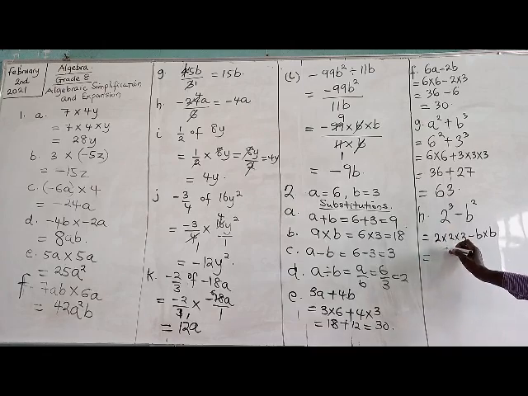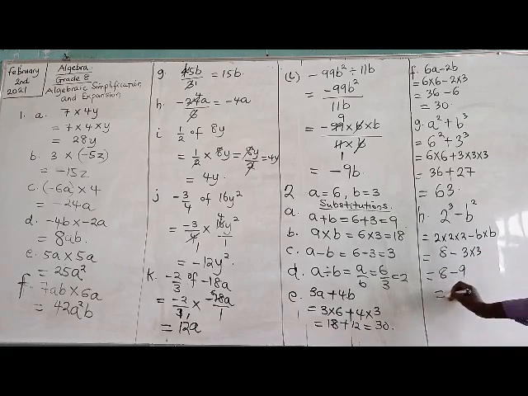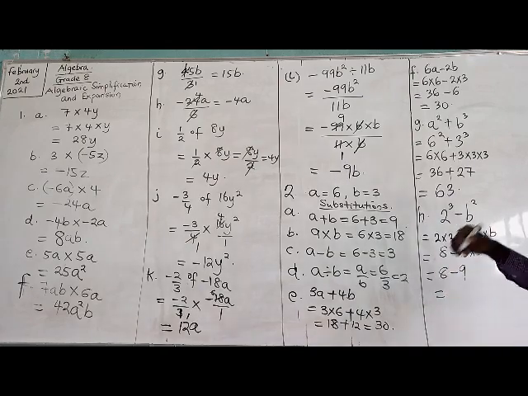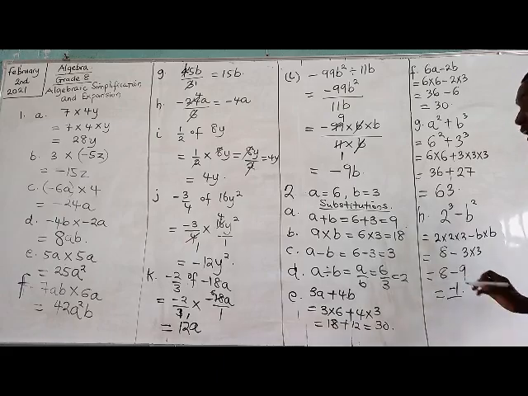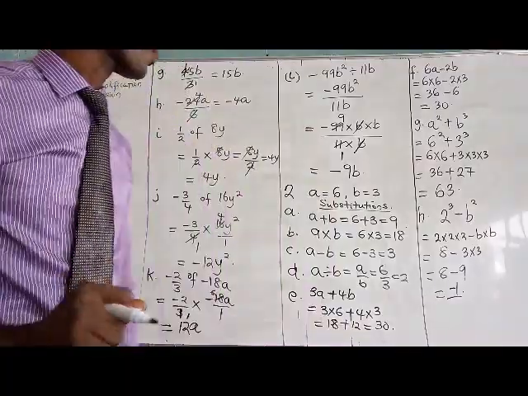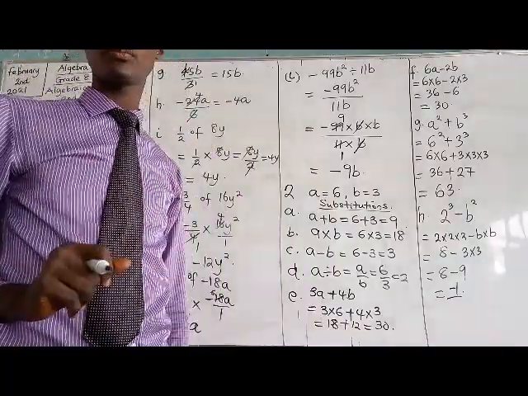So that will be what? 8 minus 3 times 3. That will be 8 minus 9. Now, the answer is going to be negative because 9 is bigger than 8. And because it is negative, we expect the answer to be what? Negative. And that answer will be negative 1. So that would help conclude question number 2.